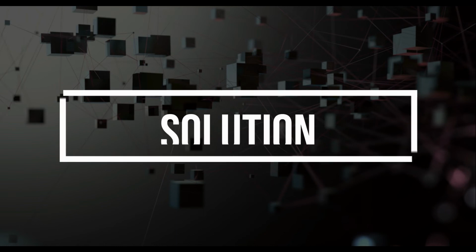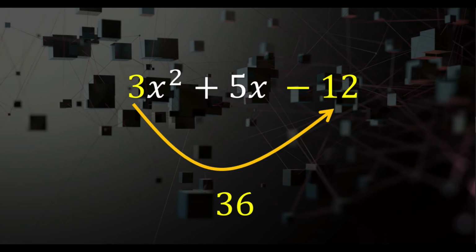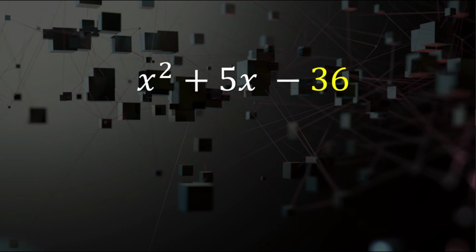The process of obtaining it is, number 1, multiply 3 to negative 12, which is negative 36. And then rewrite the given as x squared plus 5x minus 36.